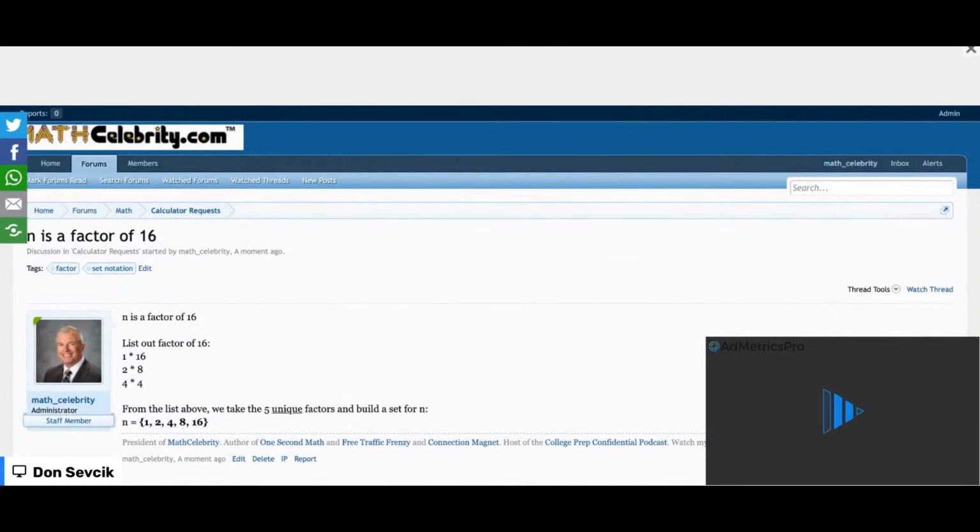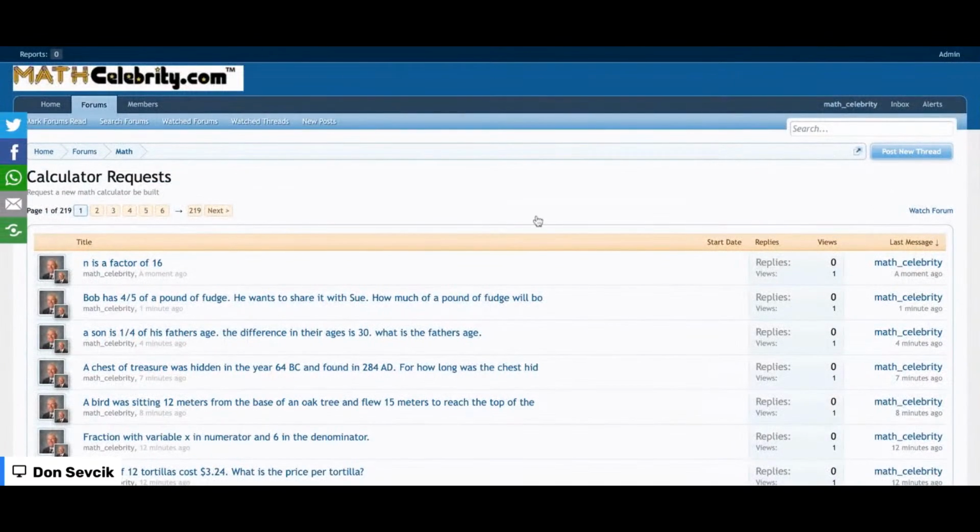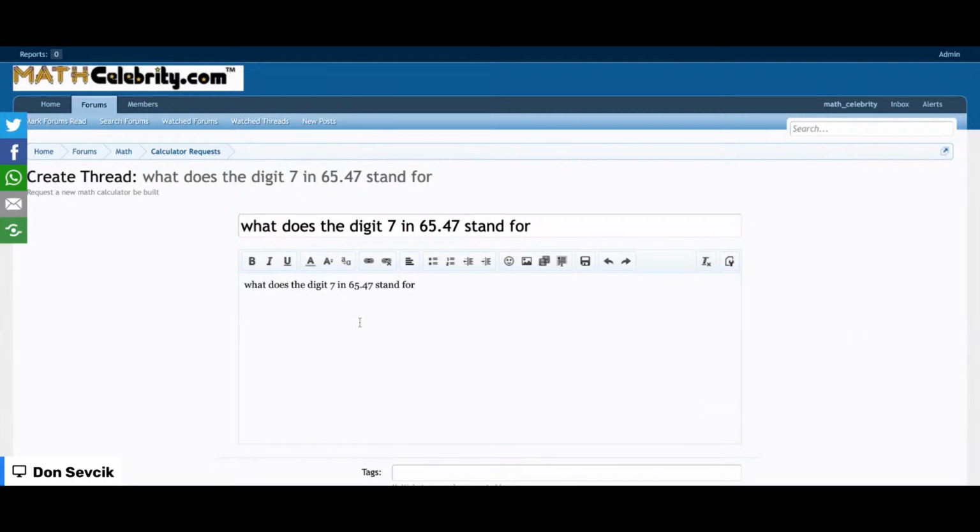All right. What does the digit 7 in 65.47 stand for? To the right of the decimal place, which is what we care about here, moving left to right, 4 is the tenths place. 7 is the hundredths place.